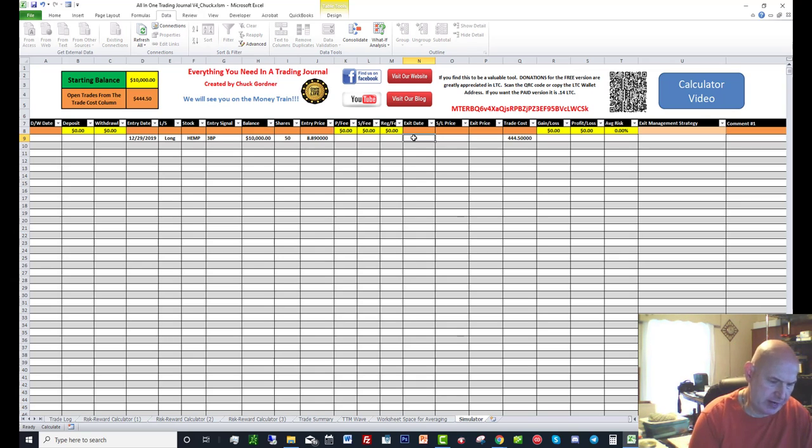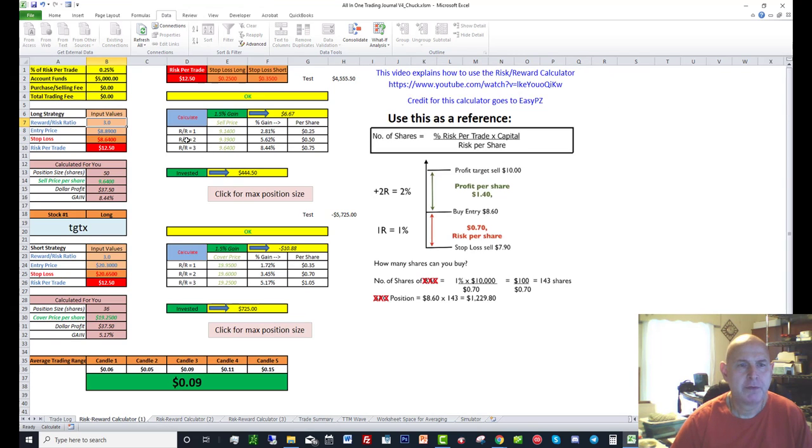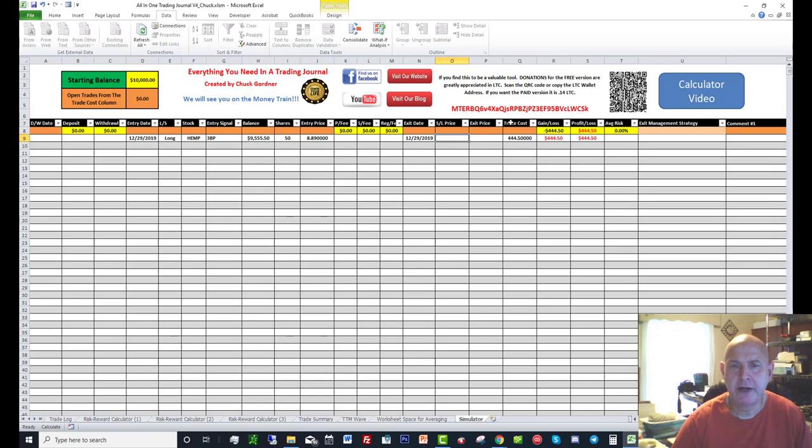Now if I close the trade out on the same day, and my exit price was, let's see, what was that? For 2R is $9.39. So let's say I actually did my 2R, so my exit price would be $9.39. That means I'm going to gain $25 on this trade.